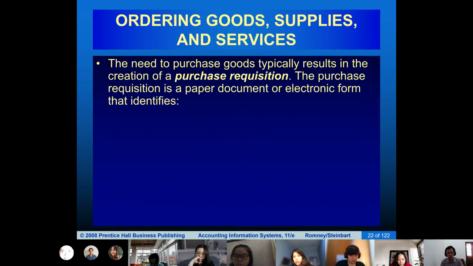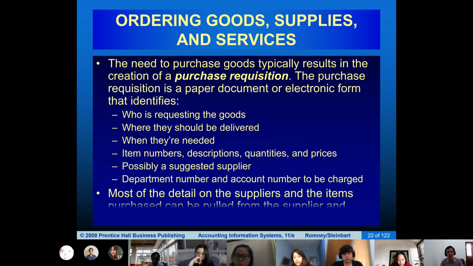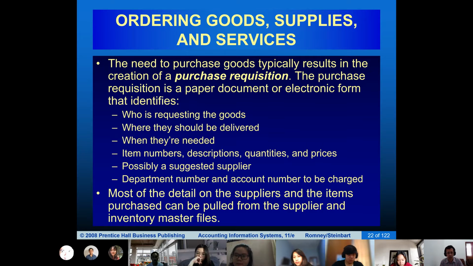The product that we need to purchase needs to be requested formally. The document to gather this data is called a purchase requisition.